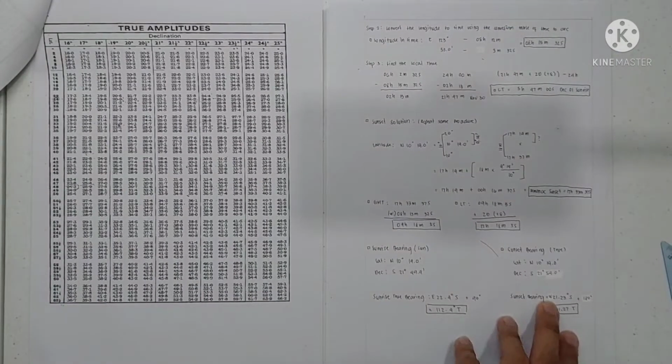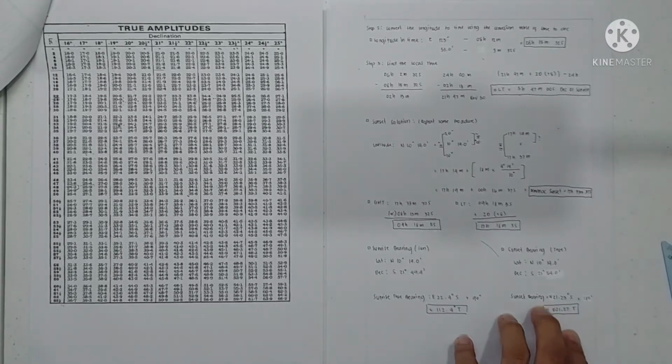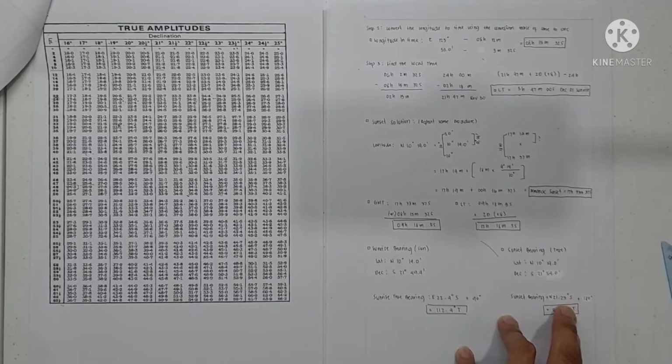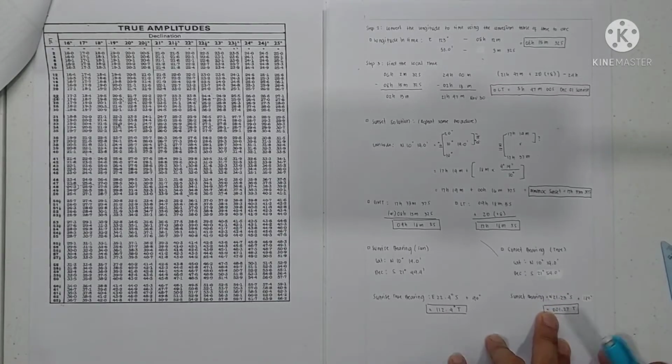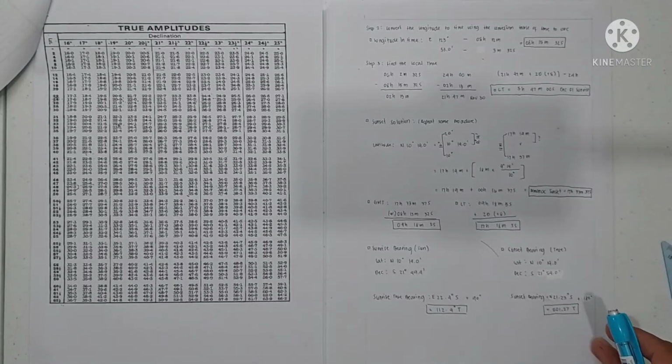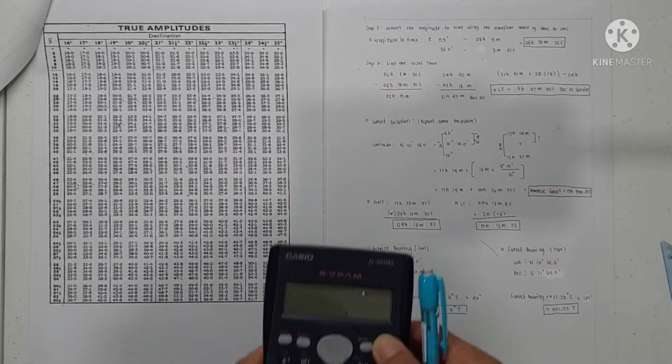Now we have here the prefix west and the suffix south because we know that the sunset will be on the west and the sunrise will be on the east. The prefix is based on the longitude, and the suffix is based on the declination. So we will add 180 because it is in the southwest hemisphere.